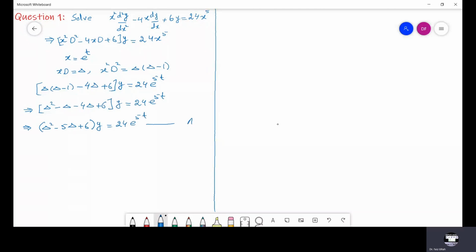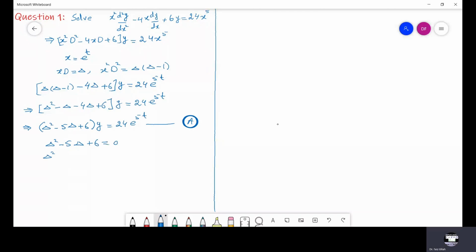Let us say this is our equation number A. And we can see this is an ordinary differential equation with constant coefficients. So we can use the method of UC to obtain yc and yp. To obtain yc, its auxiliary equation is given by this. And now let us factorize this.